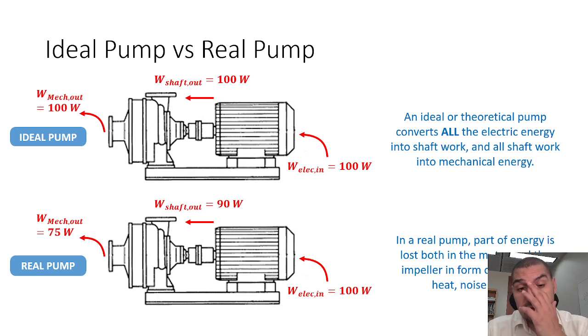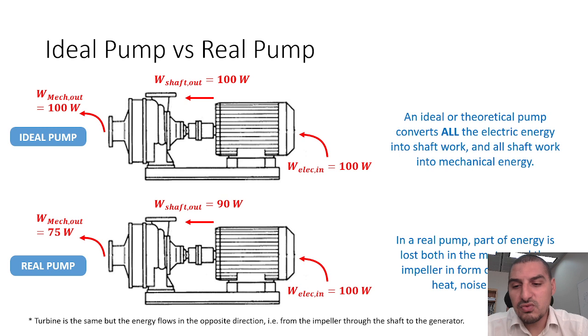Okay, so this is why we don't have any pump ever that we can consider an ideal pump. It will always have some losses which will make it a non-ideal or real pump.